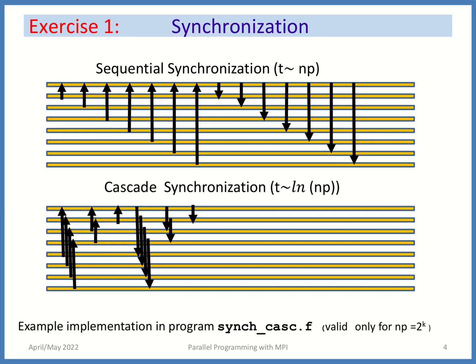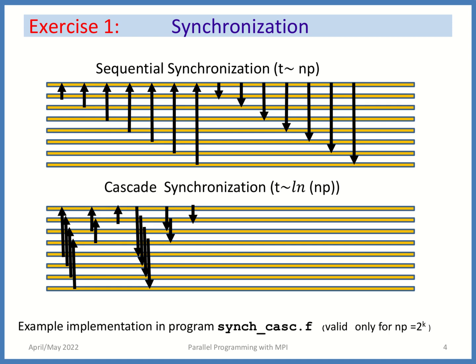But I would like to show that it's possible to optimize this kind of communication, synchronization. We did it in a way to send a message from process 0 to every other process, one after the other.